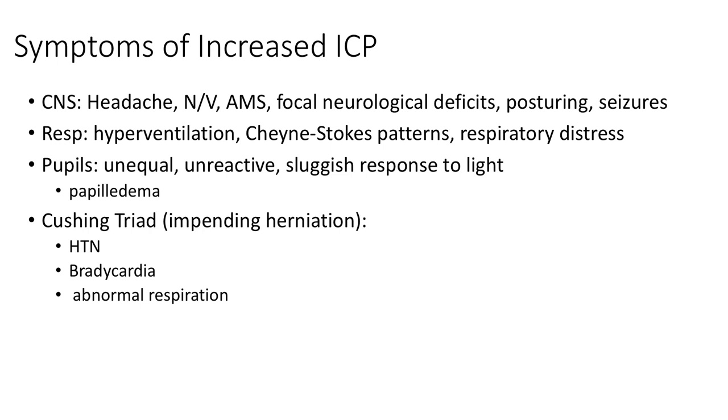Pupil response may be unequal, unreactive, sluggish to light. If you do a more detailed eye exam, papilledema. The Cushing triad, which indicates impending herniation, is a combination of hypertension, bradycardia, the previously mentioned Cushing response, in combination with abnormal respiration.